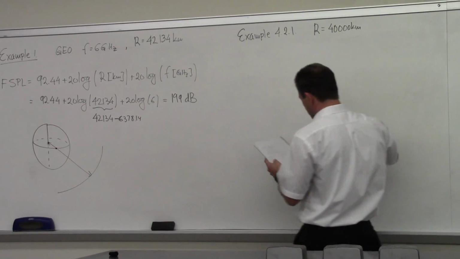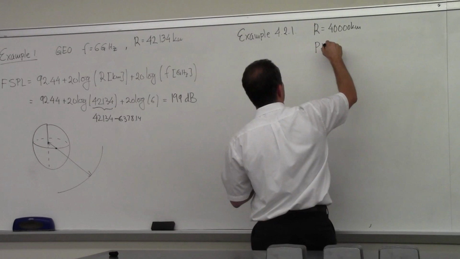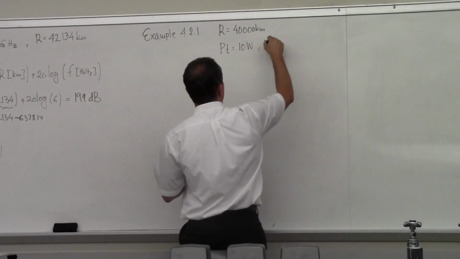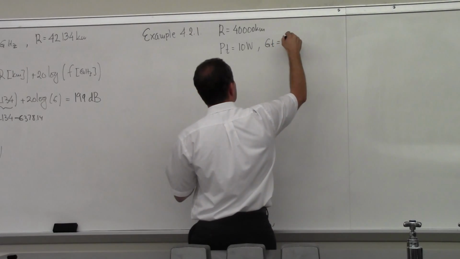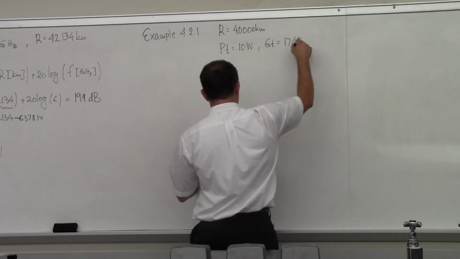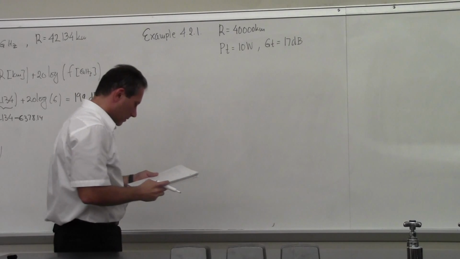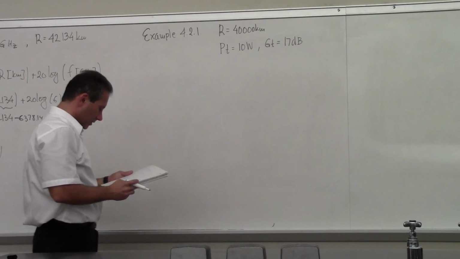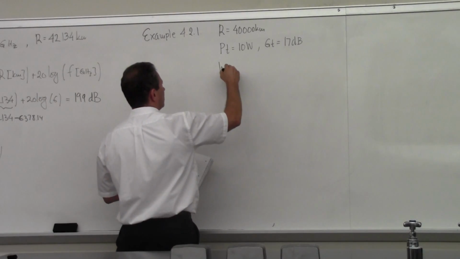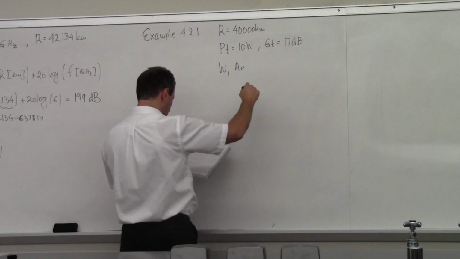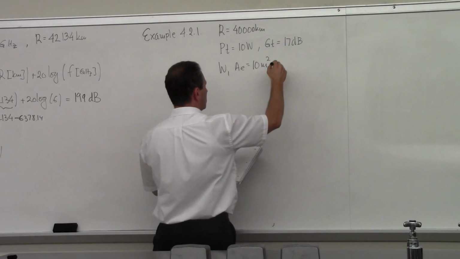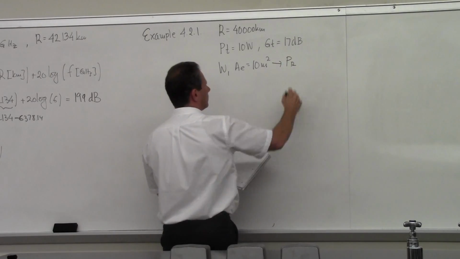The transmit power, conductive transmit power, is 10 watts, and your gain for the transmit antenna is 17 dB. Find the power flux density on the Earth's surface and the power received by an antenna with effective aperture. So find W, and an effective antenna area equal to 10 to the minus 10 square meters. So find the received power for that one.